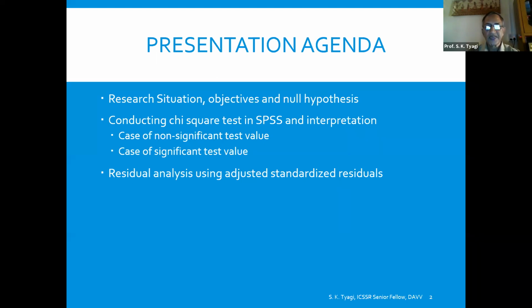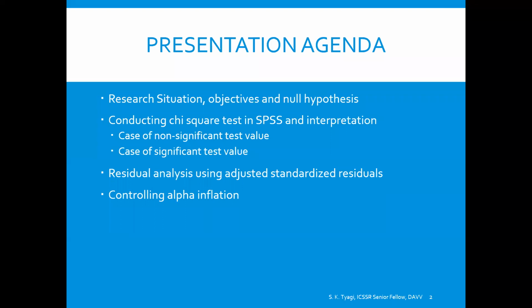So we will study what this ASR is and how it is calculated and how it is interpreted. Then there is another problem which I did not touch yesterday, but today I'll be touching, and this is control of alpha inflation. We will see what alpha inflation is and how alpha inflation is controlled.